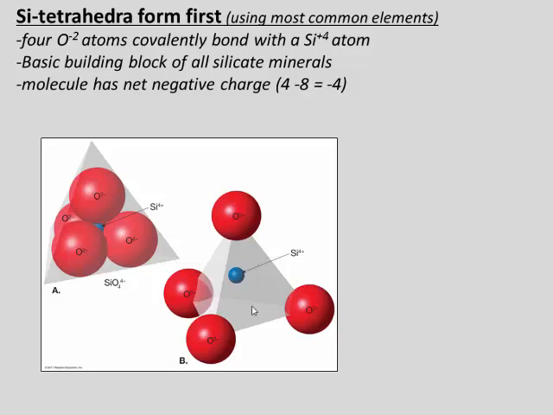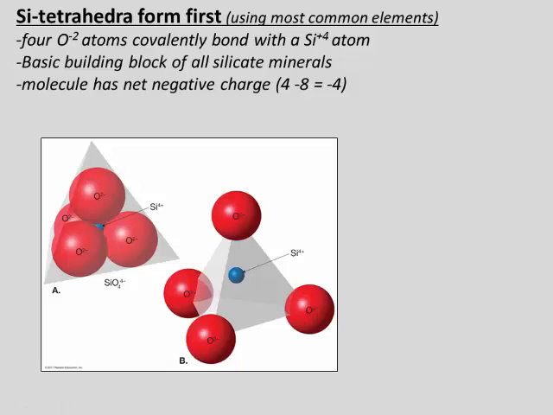And here's how silica is important in rocks. All silicate minerals are based on the building block called the silica tetrahedra. What that is, it's a silica atom surrounded and bonded to 4 oxygen atoms, which are -2 anions.